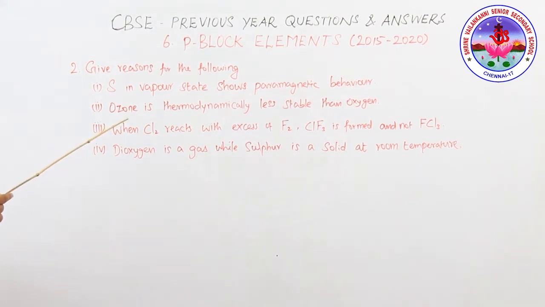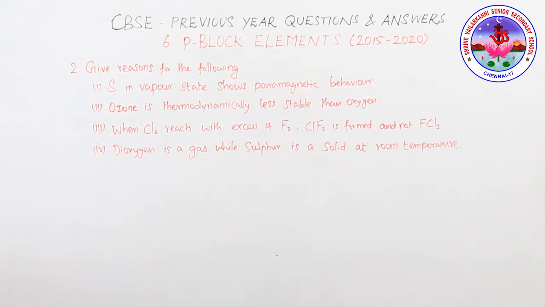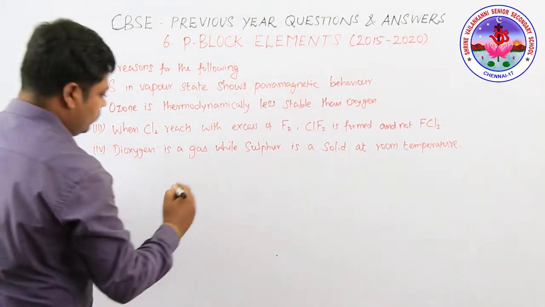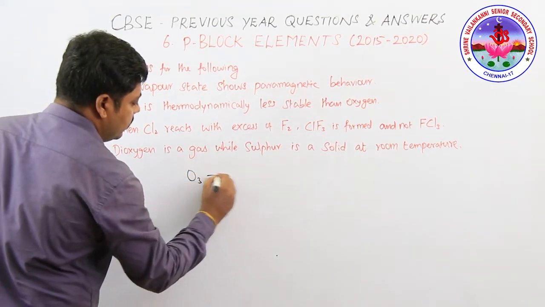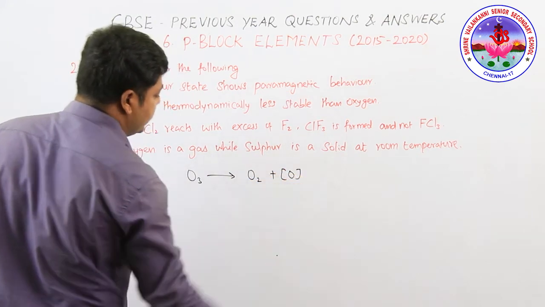Then second, ozone is thermodynamically less stable than oxygen. Give reason. Here ozone, O3, has low bond dissociation energy, due to which it is more reactive, and therefore it liberates nascent oxygen. For example, I'll draw here: O3 converts to O2 and nascent oxygen.